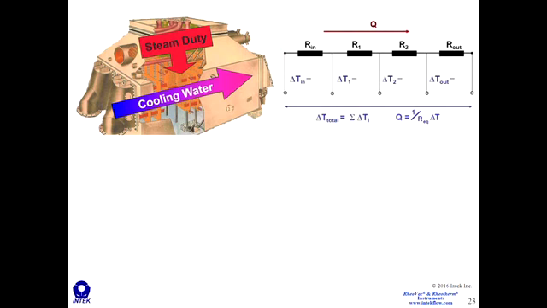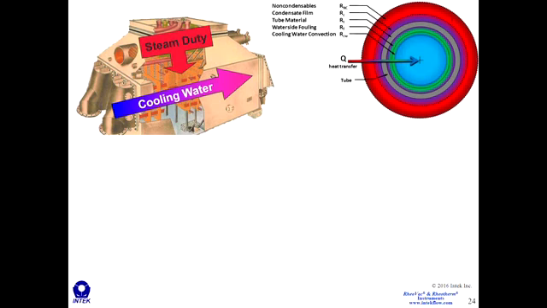Now I'm going to show you an illustration of the thermal impedances that exist on a tube. And so here they are. So this is a tube. This gray section here is the tube.